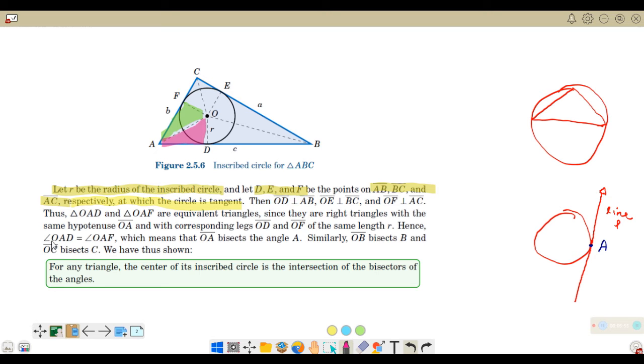Now, let's have this definition. Angle OAD, let me erase these markings first.